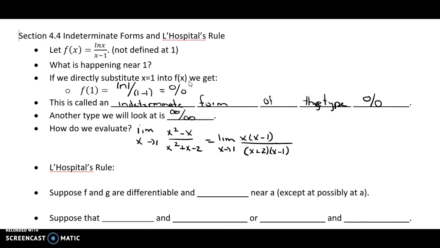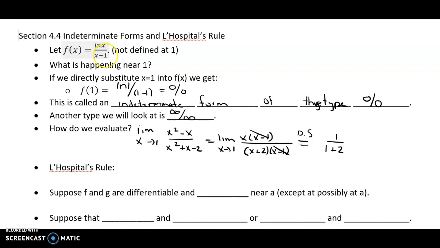We could cancel those factors and use direct substitution, plugging 1 in to find the limit. That doesn't always work. Looking at natural log of x over x minus 1, we can't factor and do direct substitution, so we have to use something different.